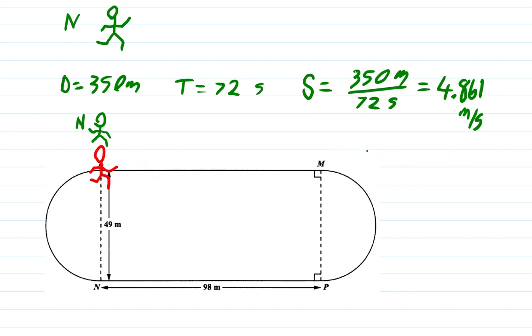After 1 lap by Nathan, he would have covered 350 meters.